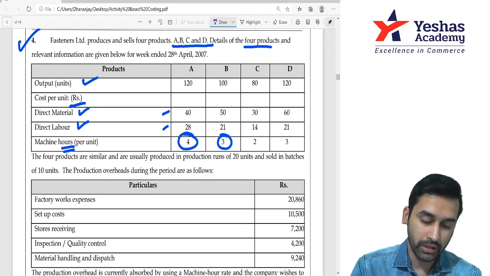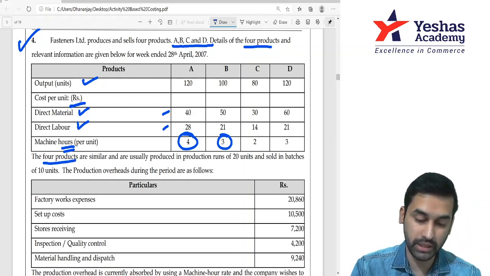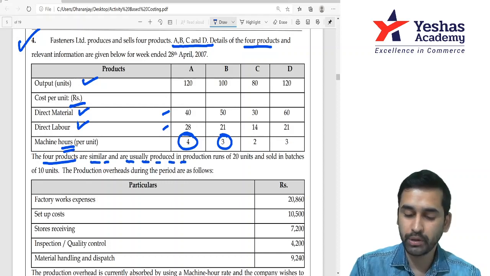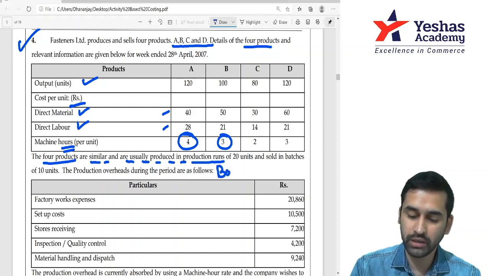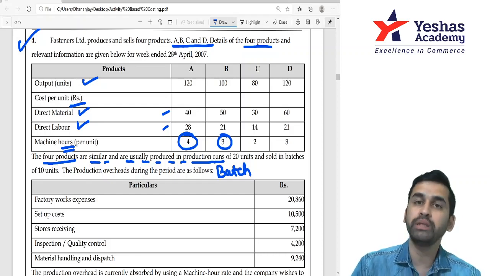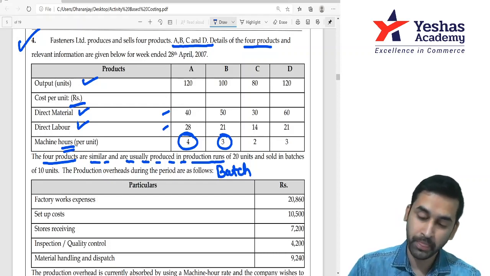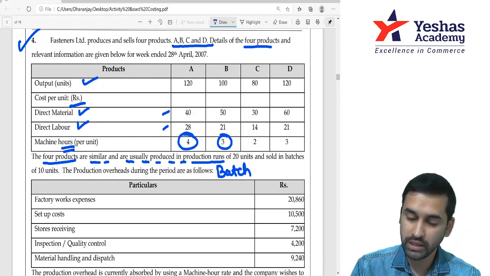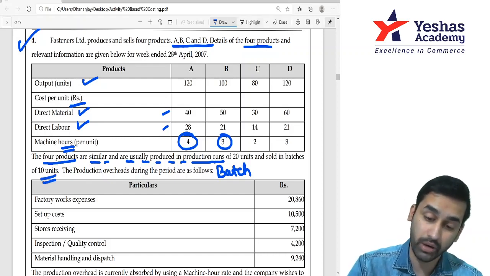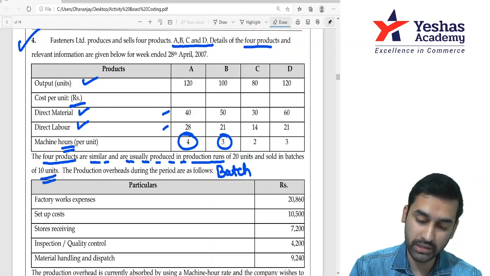The 4 products, that is A, B, C, D, are similar and are usually produced in a production run. Production run means batch. One production run means one batch of 20 units, and they are sold in batches of 10 units. Very important this is. Why is it important? Please observe.